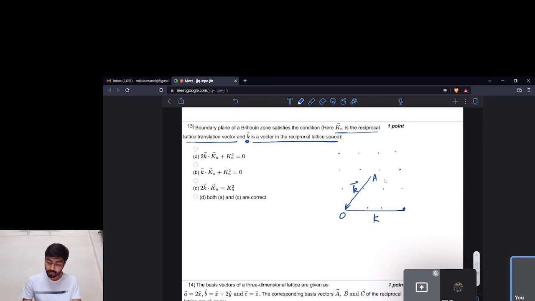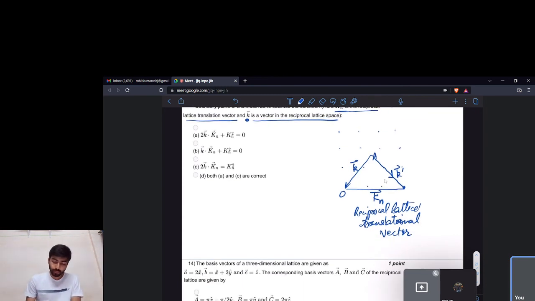This is a Kn vector which is a reciprocal lattice translational vector, and let's say another vector in this direction to be k prime, right?